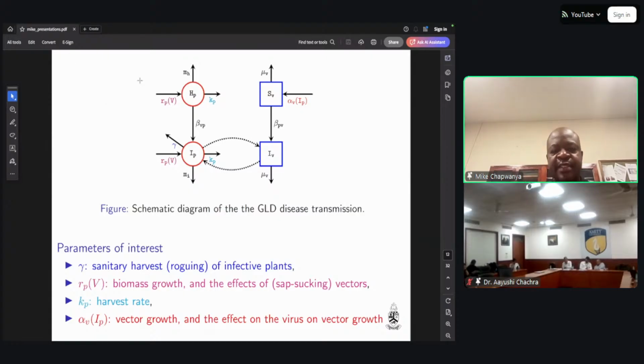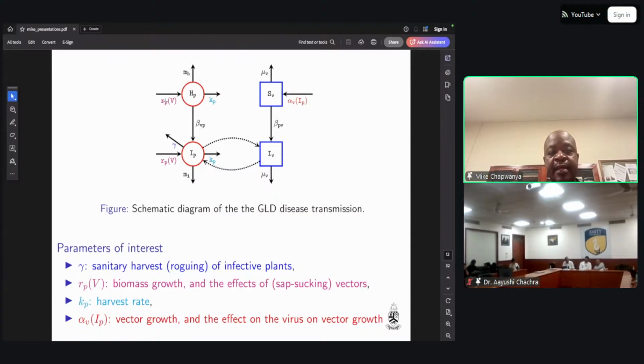But what's more important here is that the healthy plant, after the aphid feeds on it, can move from healthy to infected. And once it's infected, a farmer may decide, okay, this yellowing of leaves on this plant, I'm going to pull it out. So that's the gamma that we have there. So a farmer can decide to just pull out the plants and destroy them.